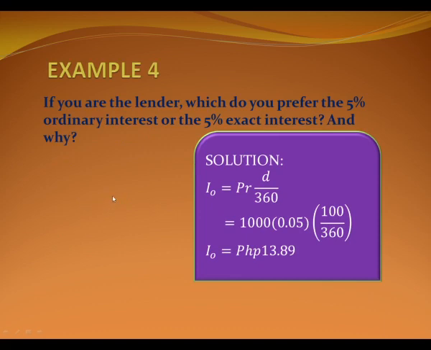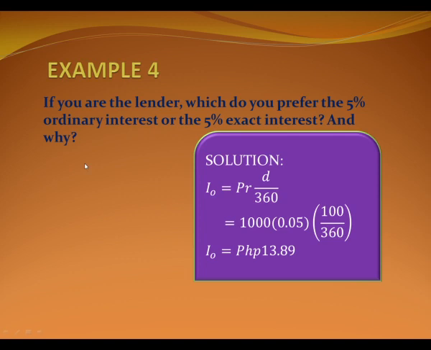And for number 4 problem, we have to choose between the 5% ordinary interest or the 5% exact interest. Now, there are no given values here for the principal or period of transaction.